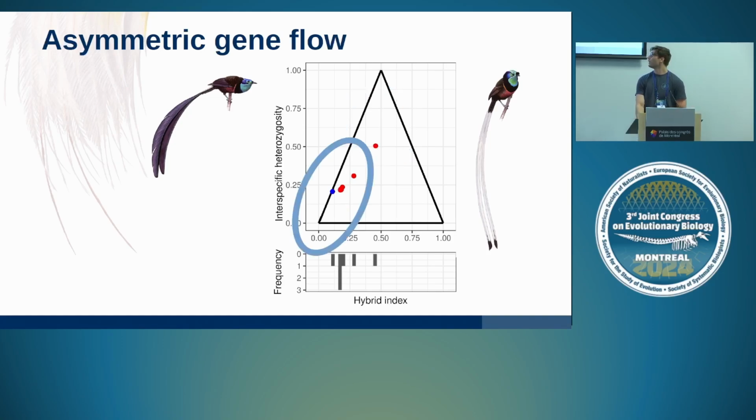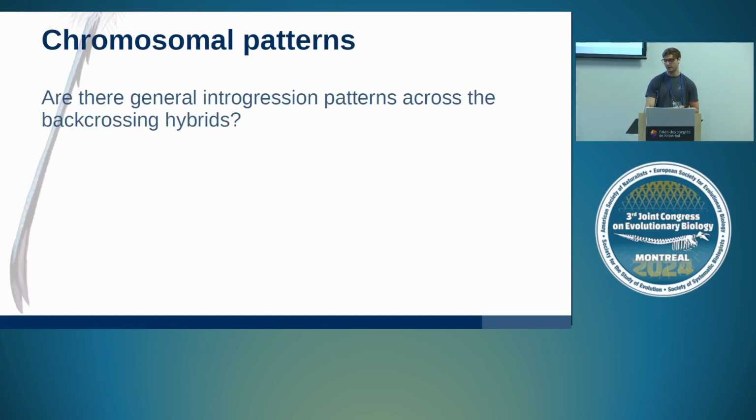And then all these ones in red are these other 5 hybrids that are crossing from the direction of the initial cross into the stephania population. And since we had a lot of hybrids from the same species crossing in the same direction, it was interesting to see if there are any general patterns in these hybrids on where you see introgression across the genomes.